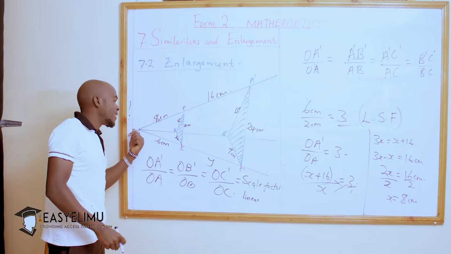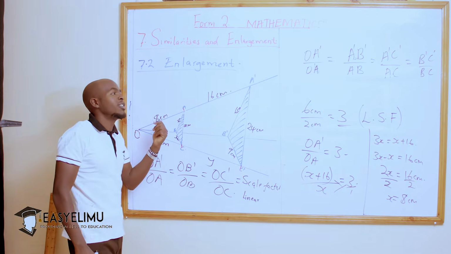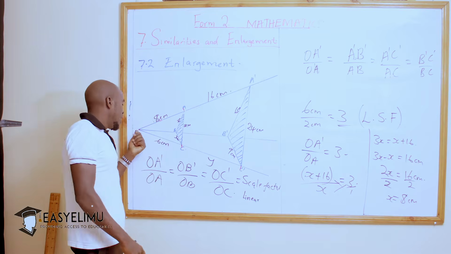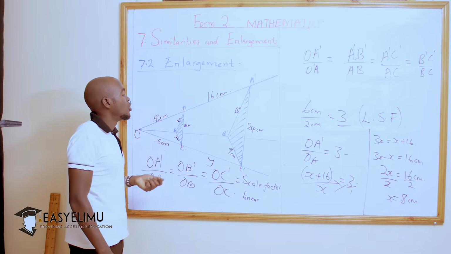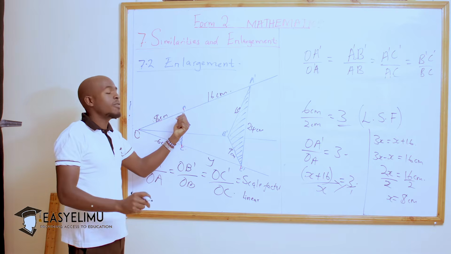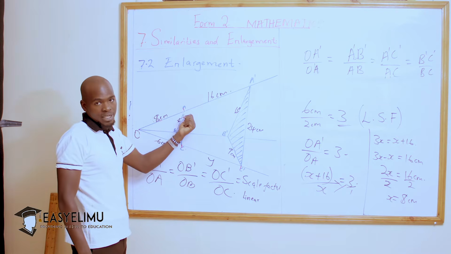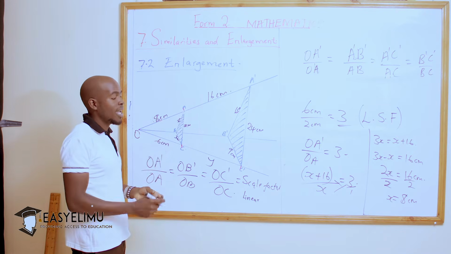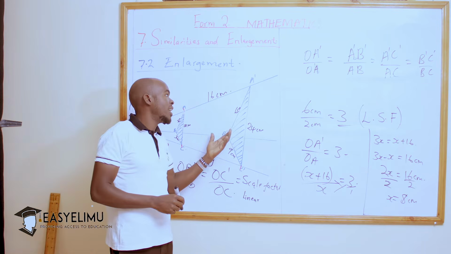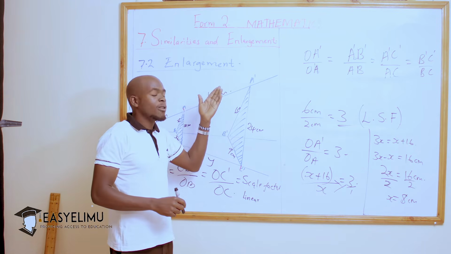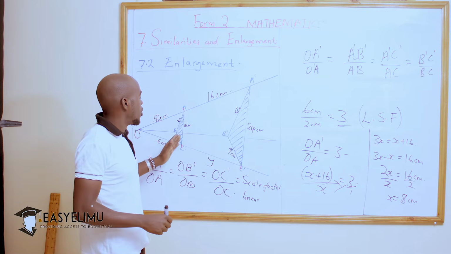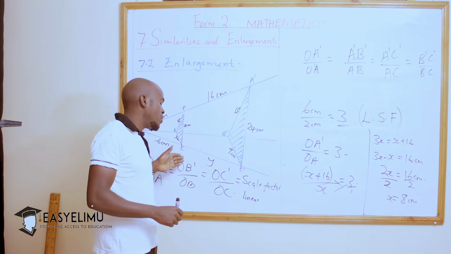It is the distance from the center of enlargement to the vertex of the image, over the distance from the center of enlargement to the corresponding vertex of the object. That is how we find the scale factor. The same applies inside, in that you take the corresponding side of the image over the corresponding side of the object.